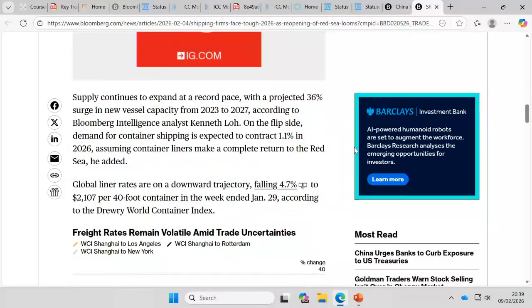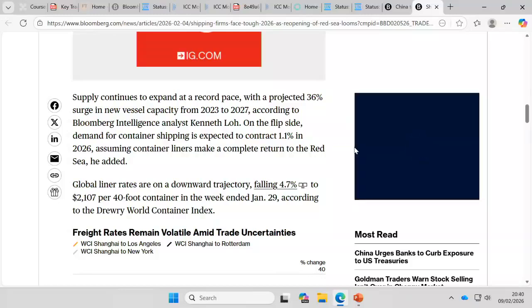Supply continues to expand at a record pace, with a projected 36% surge in new vessel capacity from 2023 to 2027. So what is this?